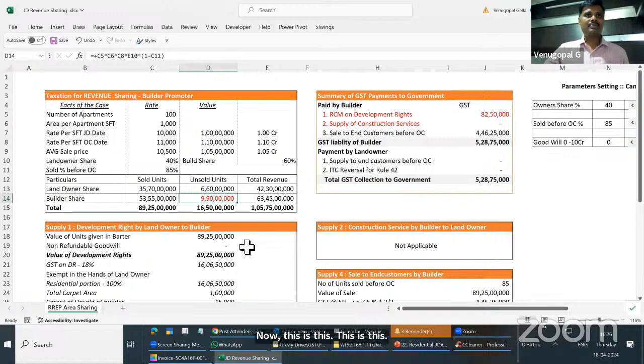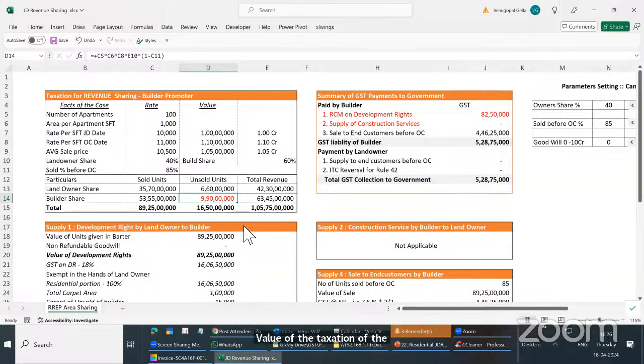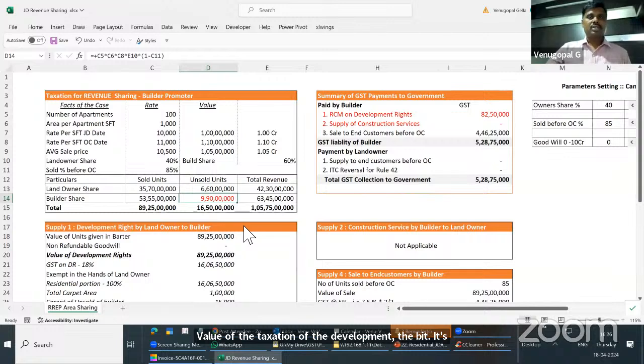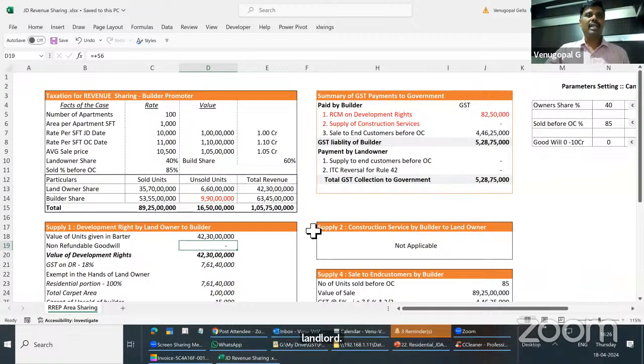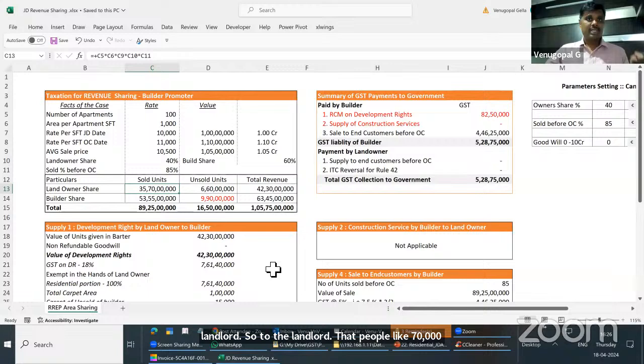Let us understand the taxation of the development right. First, let's look at the value of the units that have been given to the landlord. To the landlord, 35.7 crores has been received in cash for the units sold.